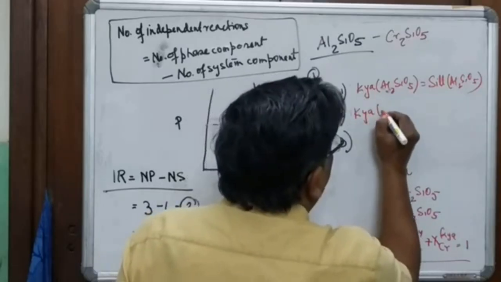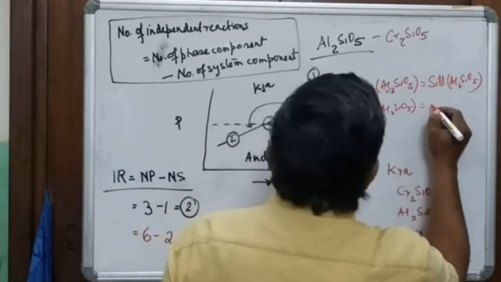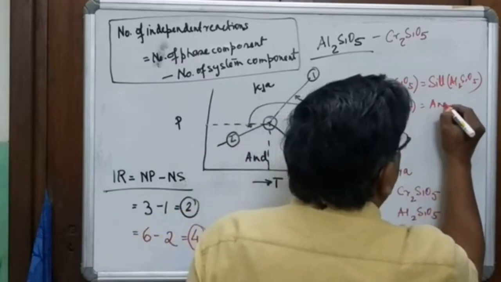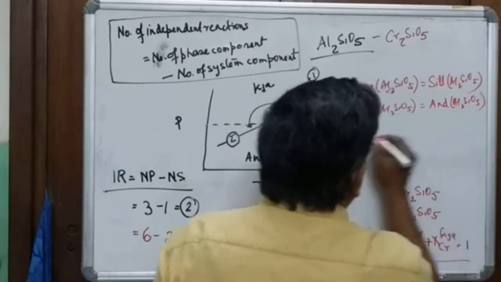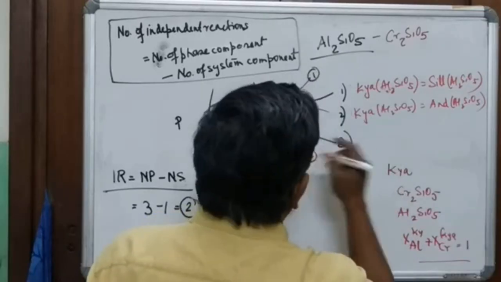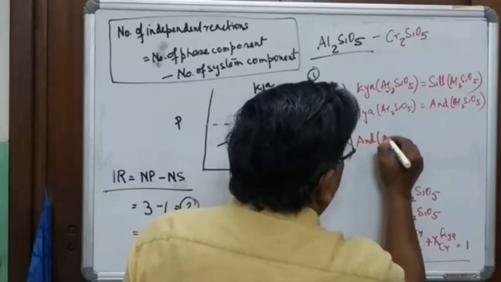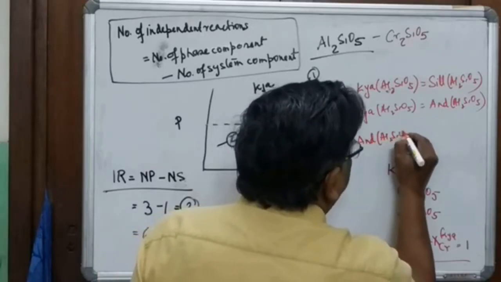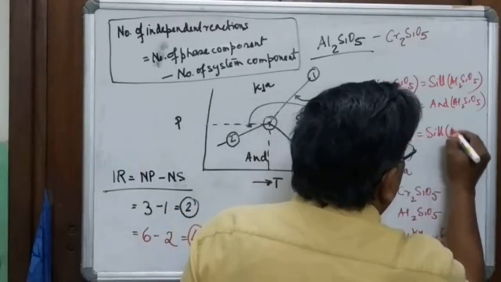Kyanite, Al2SiO5 is equal to andalusite, formula Al2SiO5, and then the third one is andalusite, Al2SiO5 is equal to sillimanite, Al2SiO5.